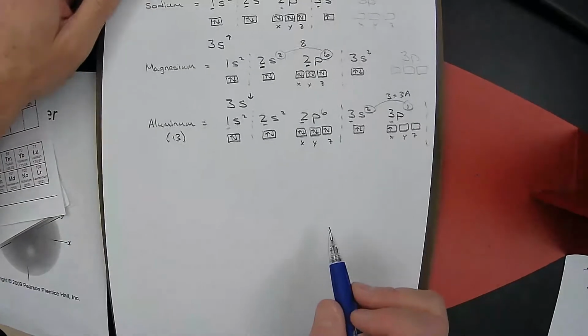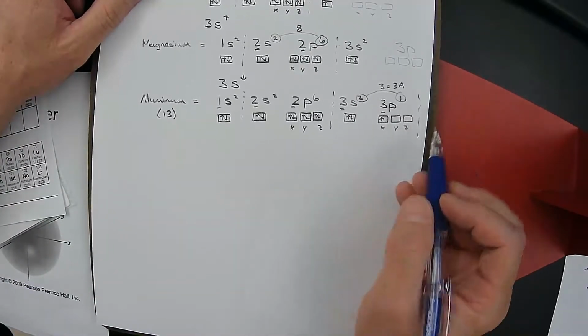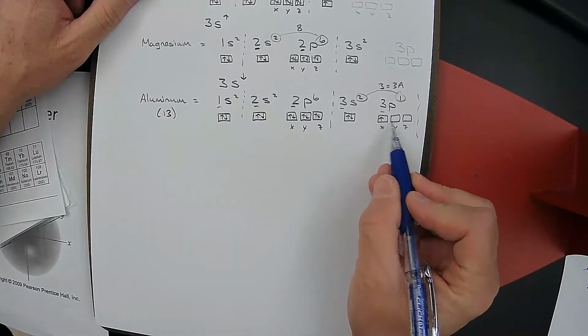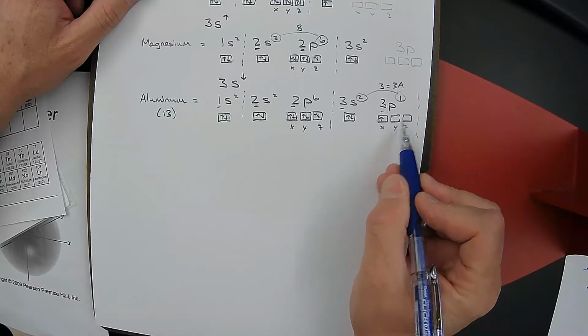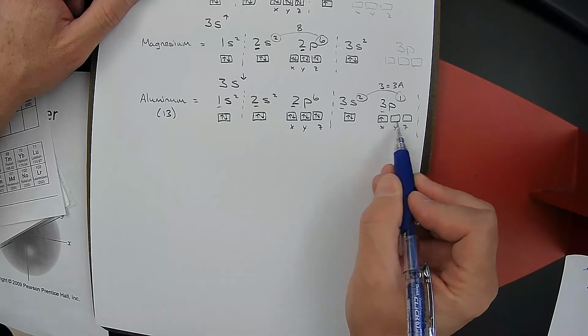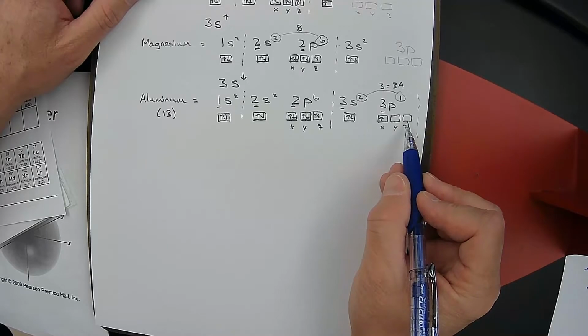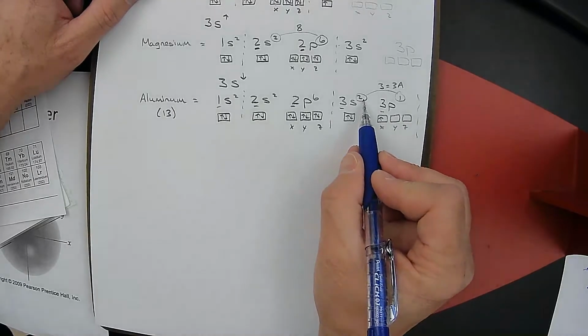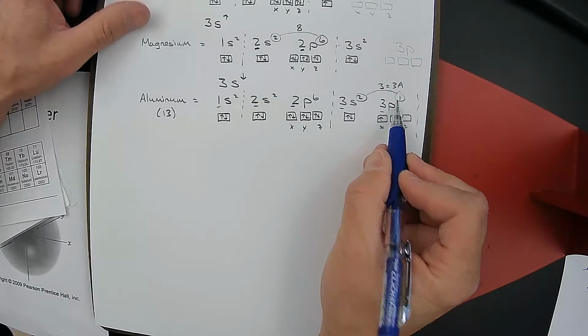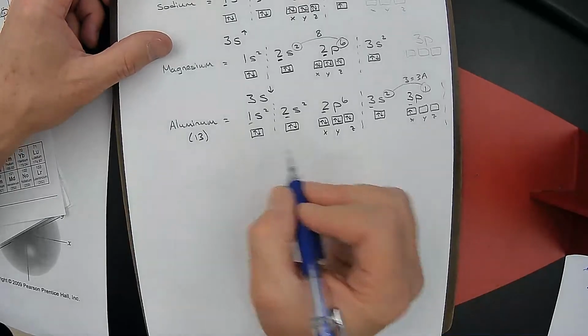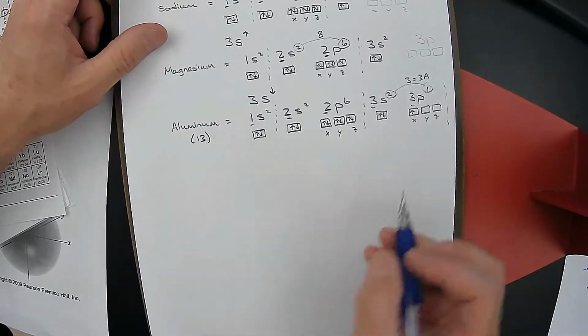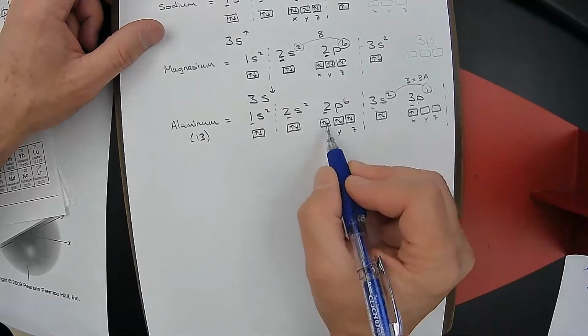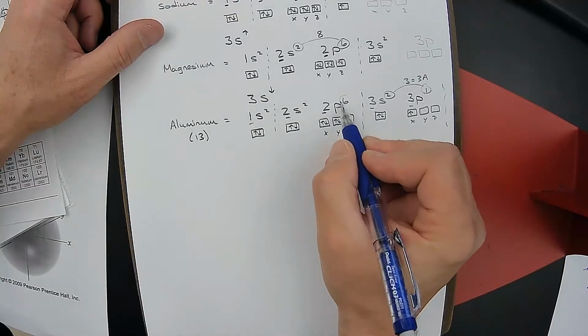What does it want to do? Well, let's look. It might be tempting to say, maybe it'll put 1 here, 2 here, and 2 here. That means it would have to gain 5 to be complete. It's not going to gain 5. Instead, it's going to lose these 3 electrons to have a full outer octet.